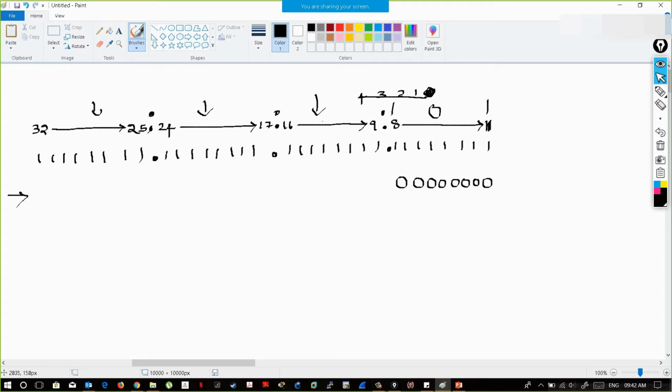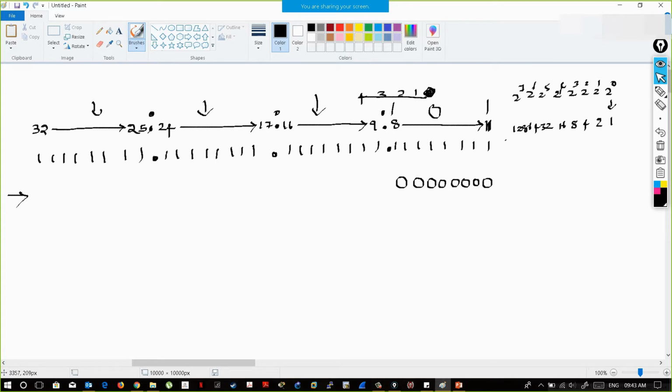Here 255 says we are having 8 bits: 2 power 0, 2 power 1, 2 power 2, 2 power 3, 2 power 4, 2 power 5, 2 power 6, and 2 power 7. And this will be 1, 2, 4, 8, 16, 32, 64, and 128.